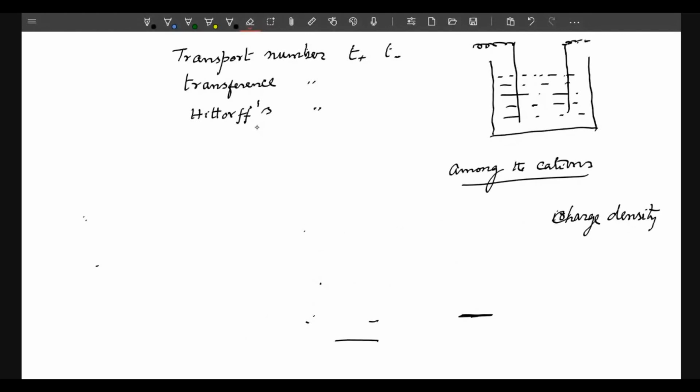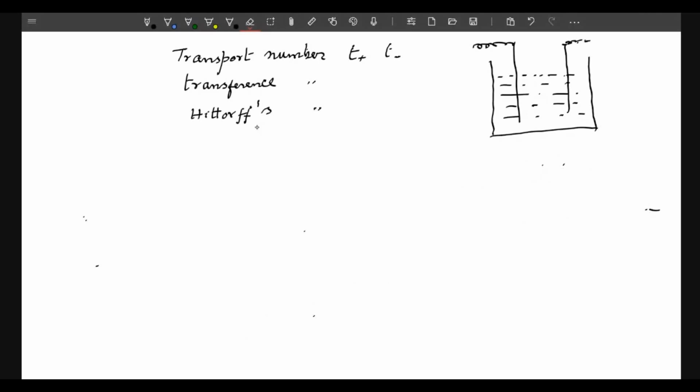One has a slightly higher conductivity, another has lower conductivity. But the full current would be conducted by the cations and anions. Depending upon their ionic mobility, the fraction of the current conducted by the cation and the fraction of the current conducted by the anion are different.